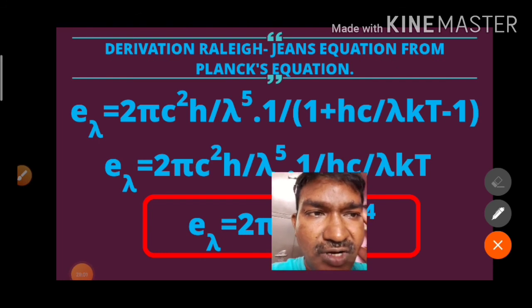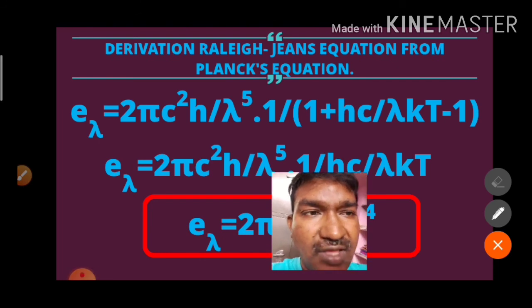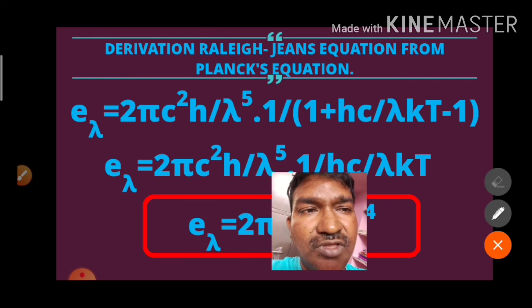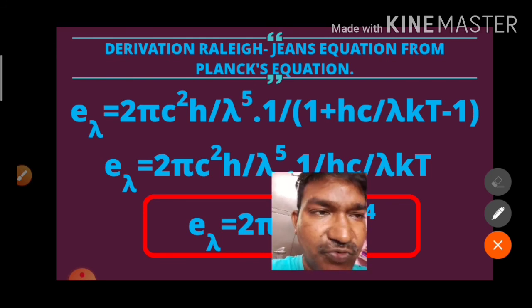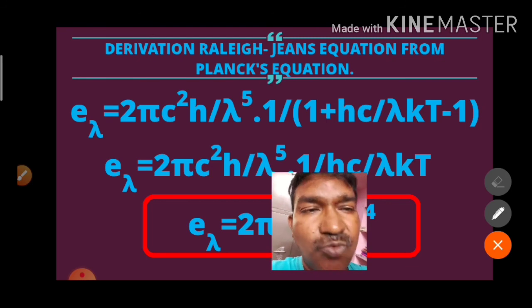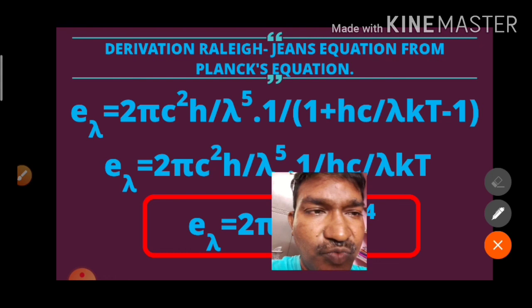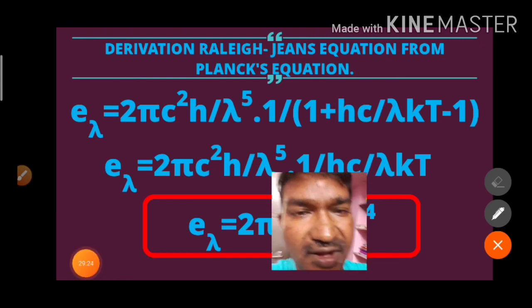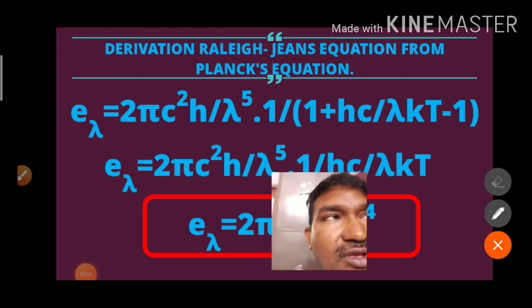And one more point we will remember, that the energy of the quantum is directly proportional to the frequency of the oscillating particle. That means E is proportional to nu. So if you remove the proportionality, we have to put one constant, that is h. h is known as the Planck's constant.